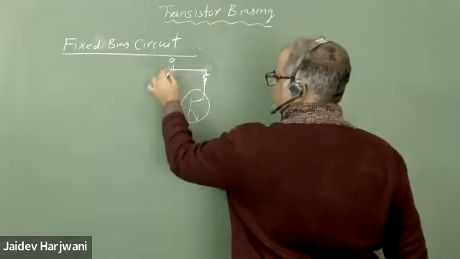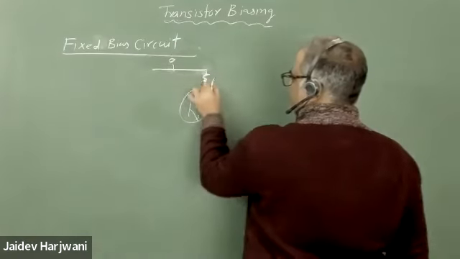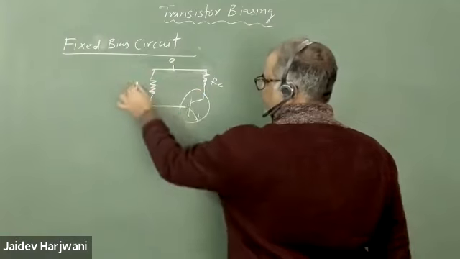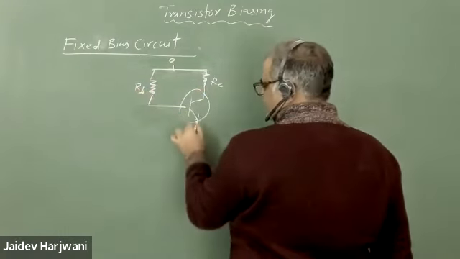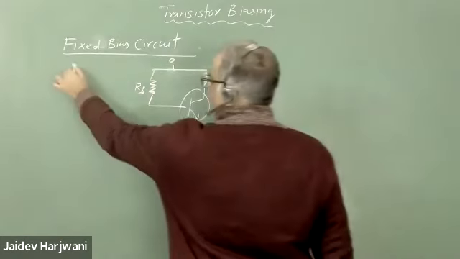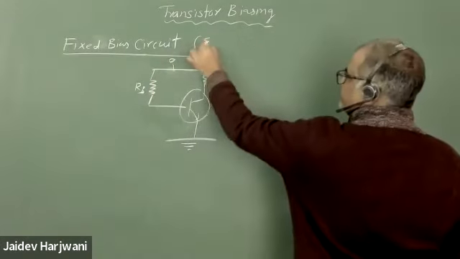I call this RC, and there is one more resistance here which I call RB. So this is a very elementary type of biasing.